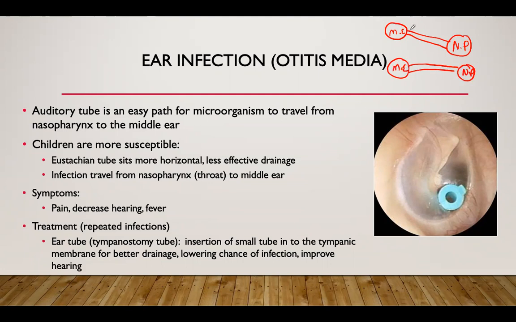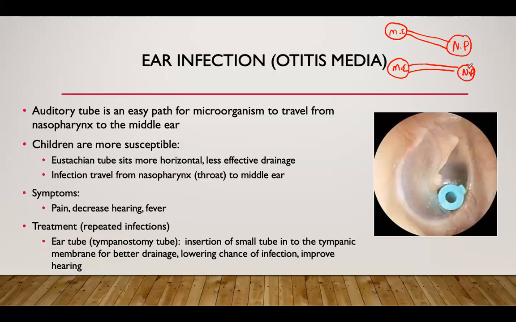Here is an adult, here is the child. In an adult, you have a more steep angle of the eustachian tube, which means that the fluid that is in the middle ear can drain easily with the use of gravity. In children, this tube is more horizontal, making the drainage more difficult.